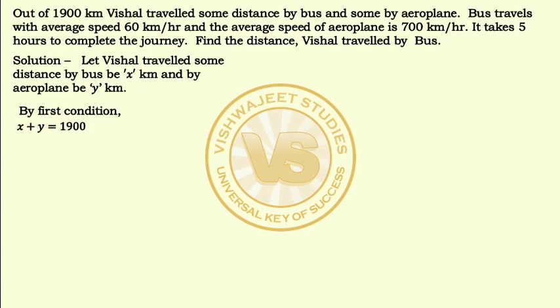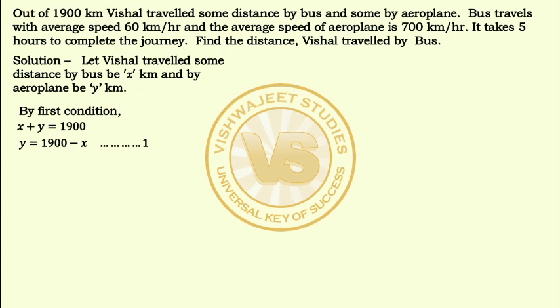So our equation is x plus y is equal to 1900. We are using the substitution method here. So converting this equation, we get y is equal to 1900 minus x, which is our first equation.